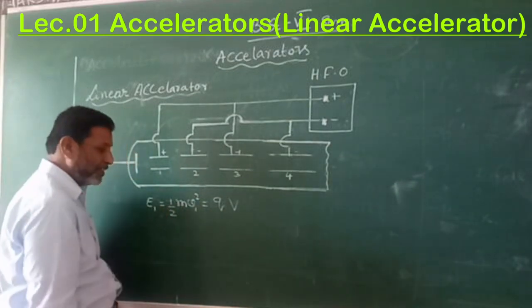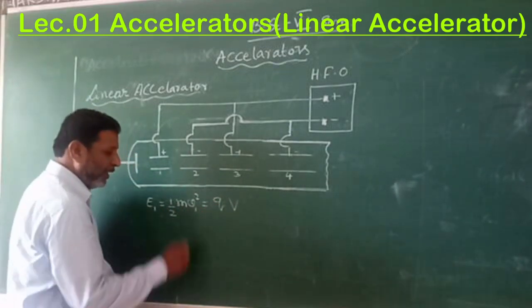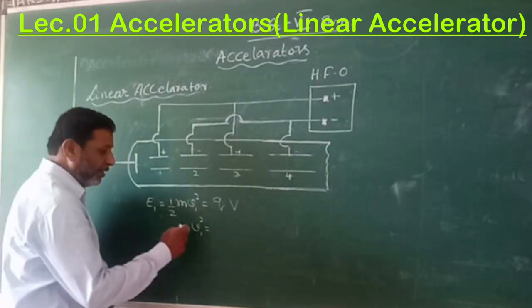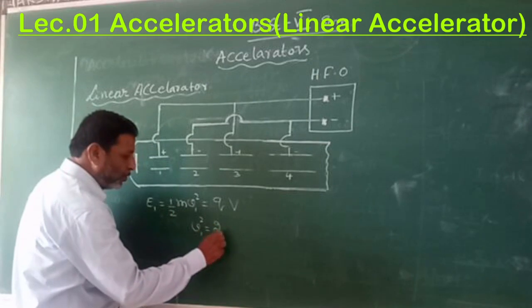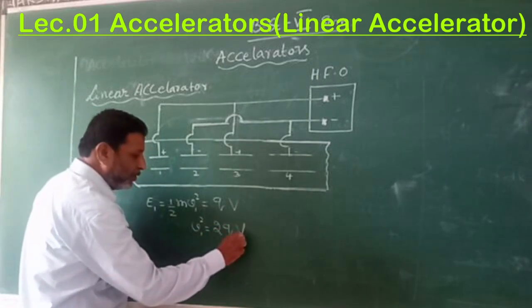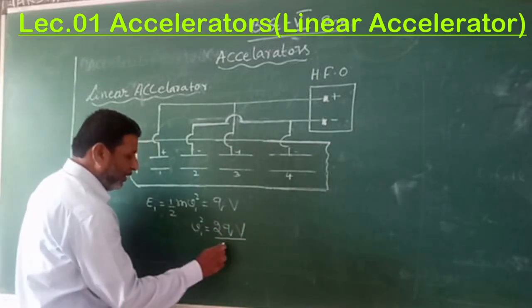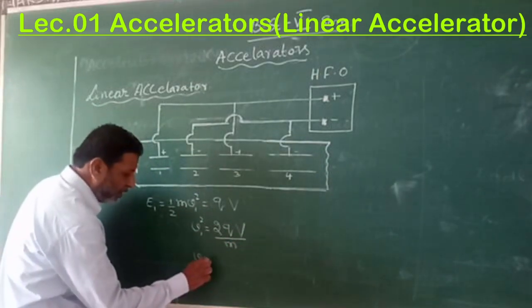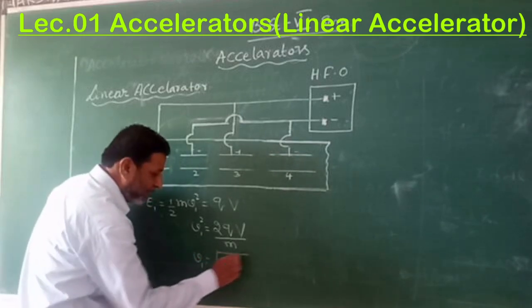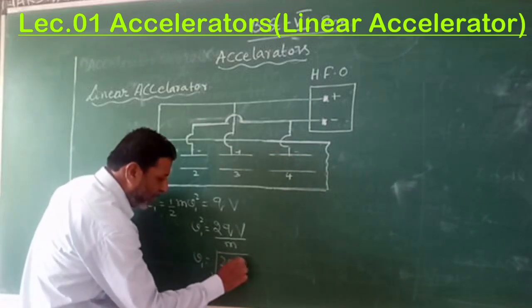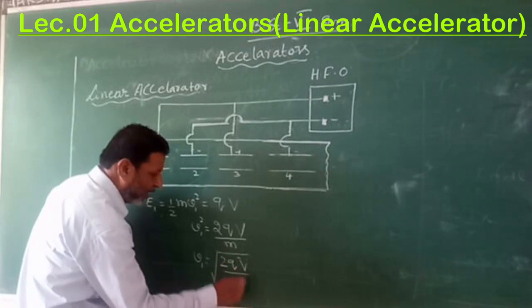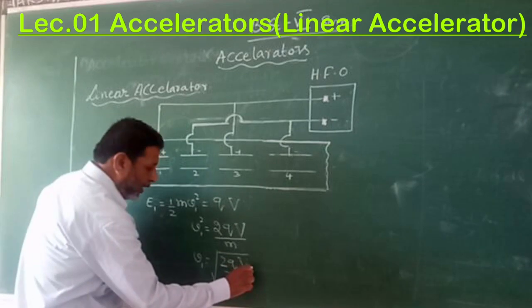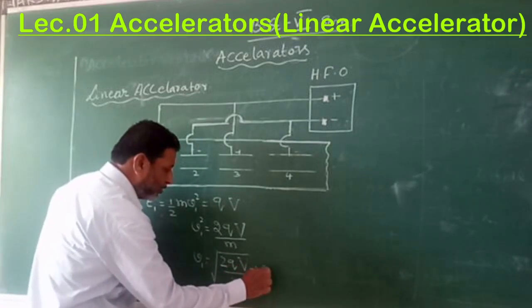From this equation, you cross multiply, then v1 square is equal to 2QV divided by m. Therefore, v1 is equal to the square root of 2QV divided by m, where capital V means potential difference. Let us represent this as equation number 1.